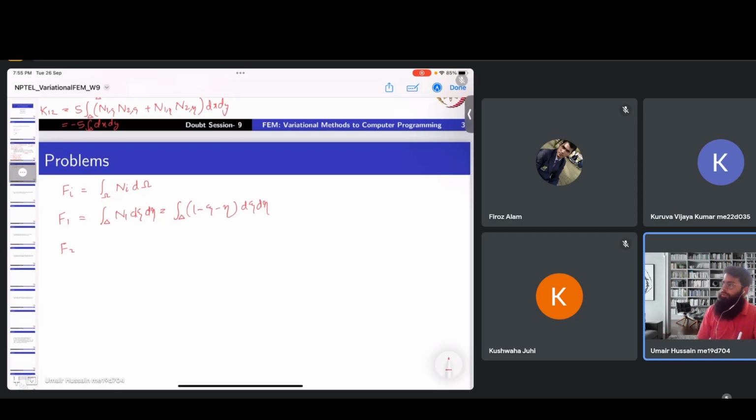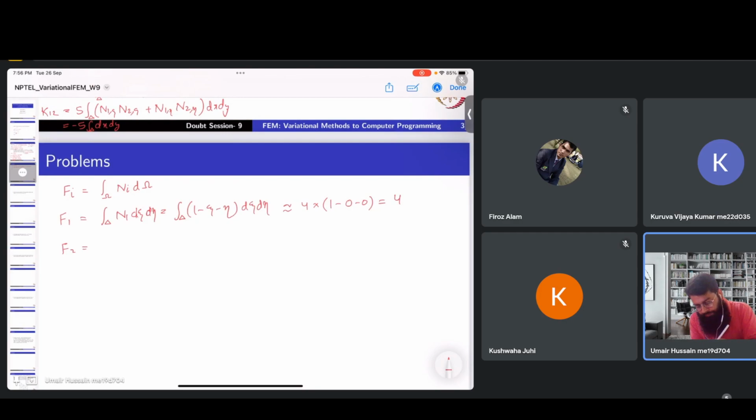Or we can just use the Gauss quadrature rule also. So this can be equal to 4 times the value of this function at 0 comma 0. This will be equal to 4. I hope that is all.